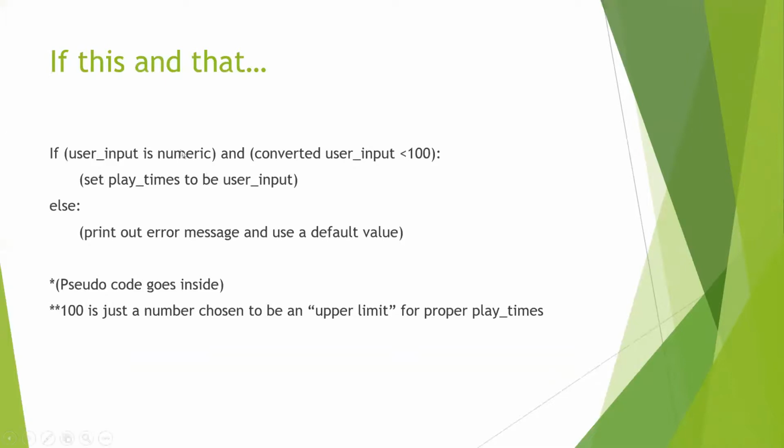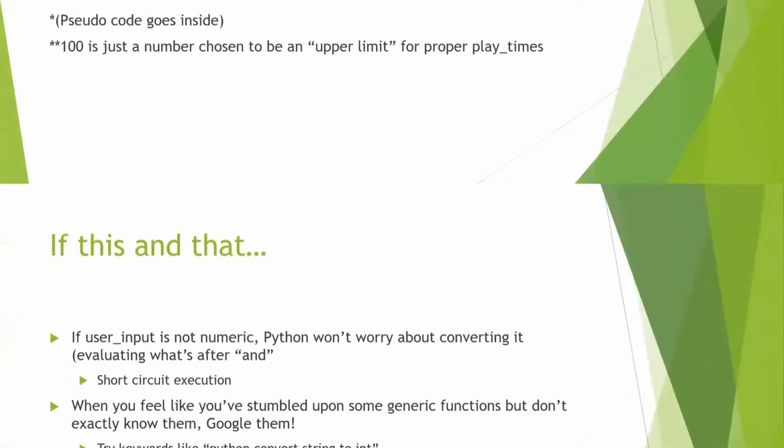So you can see the brackets here, and they are just normal language. So they are called pseudocodes. So they are fake codes, but they represent the thinking, the planning action that we do before we actually go down to the actual coding. And the number 100 here is just a random number chosen to be the upper limit for a proper playtimes.